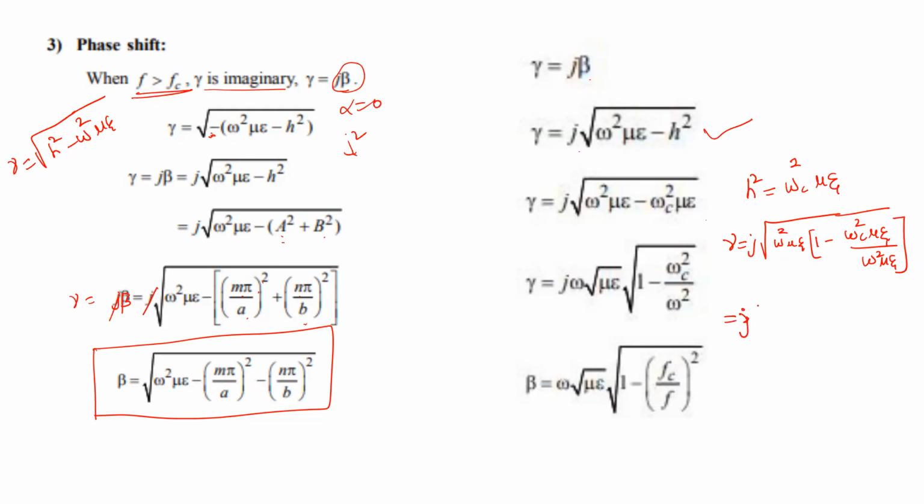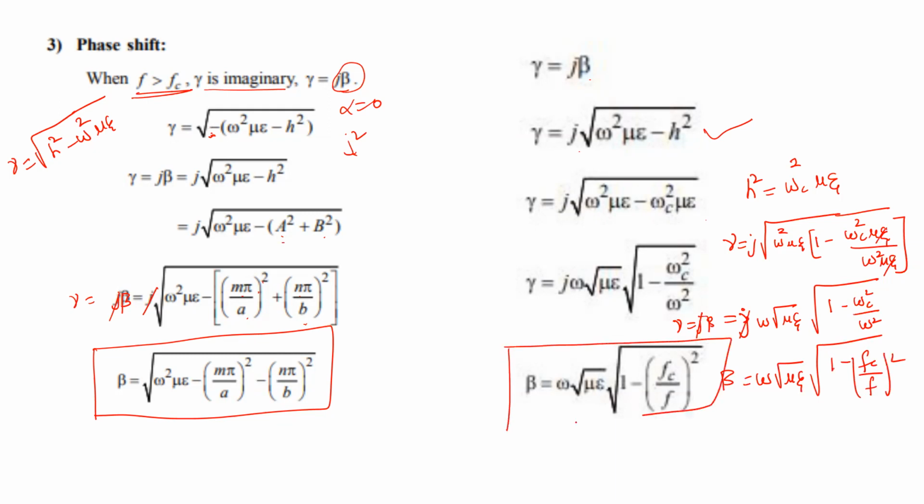If I take this omega square mu epsilon outside the square root, it becomes omega root of mu epsilon into square root of 1 minus omega c square divided by omega square. Mu epsilon gets cancelled. This is equal to gamma, which is nothing but j beta. So here j again can be cancelled and I can write beta as omega root mu epsilon root of 1 minus fc by f the whole square. So in this way also we can express the value for beta.